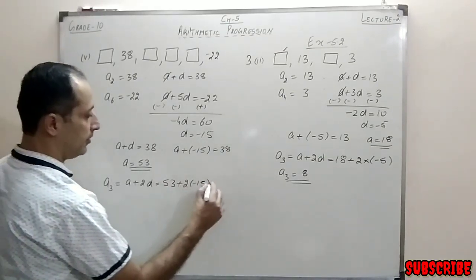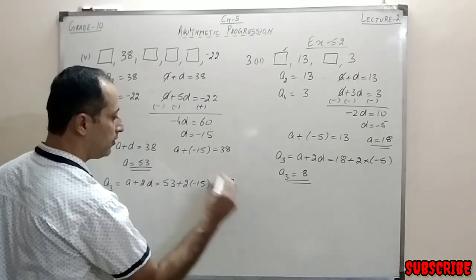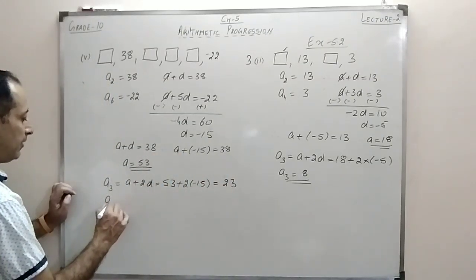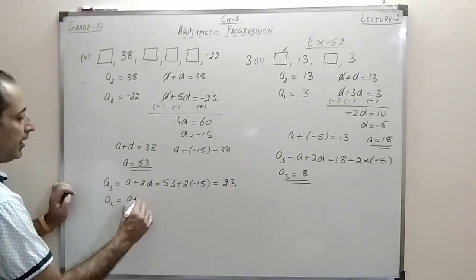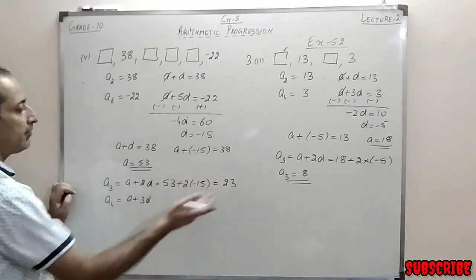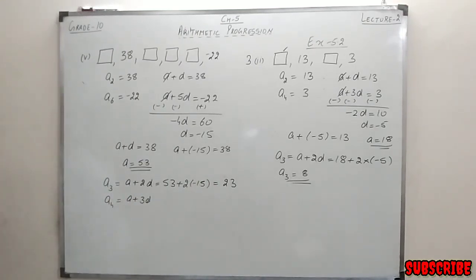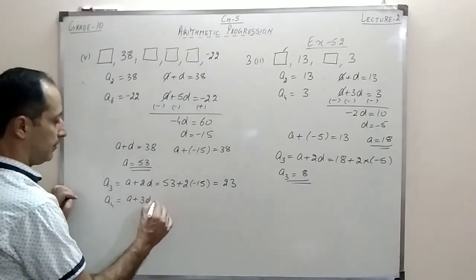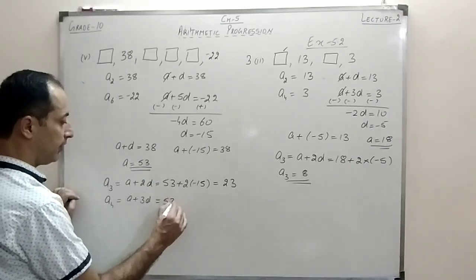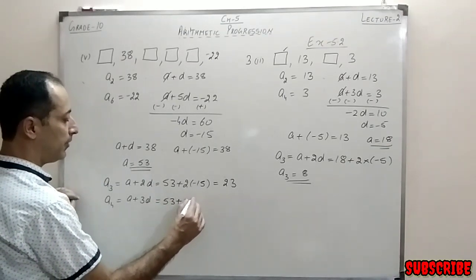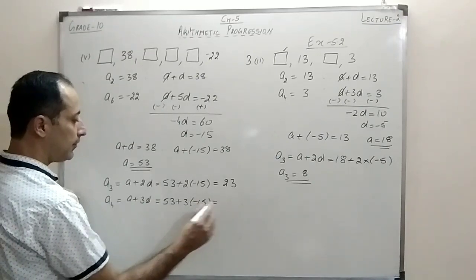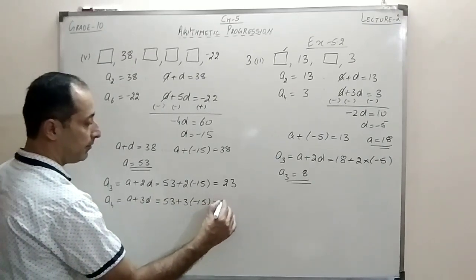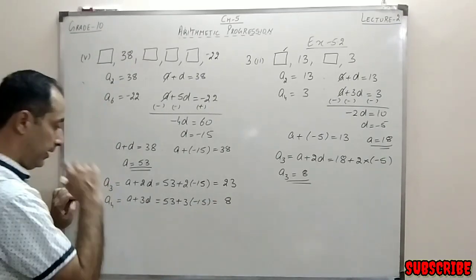So this comes out to be 23. Then A4 can be written as A plus 3D, or you can simply subtract 15 from the A3 and then also you can write it out. It's your choice. So this is 53 plus 3 into minus 15. So this is 53 minus 45, it becomes 8.